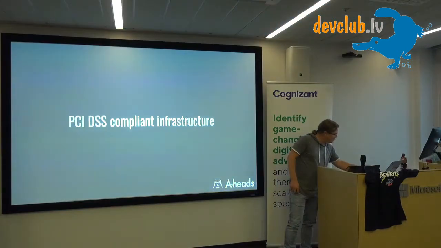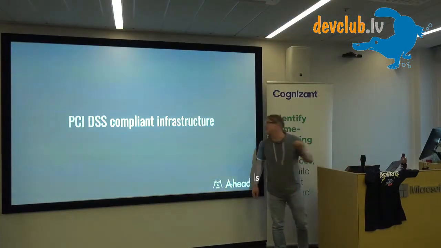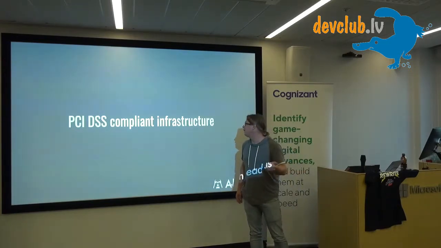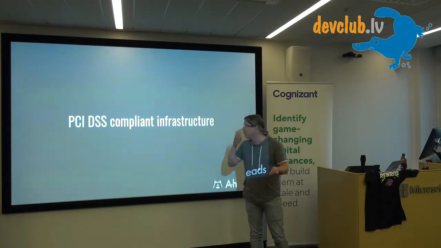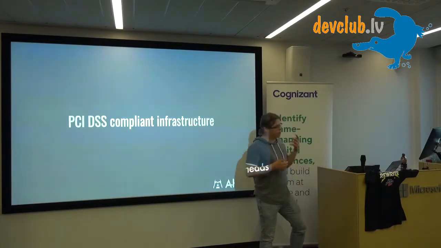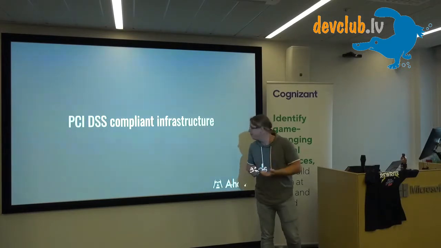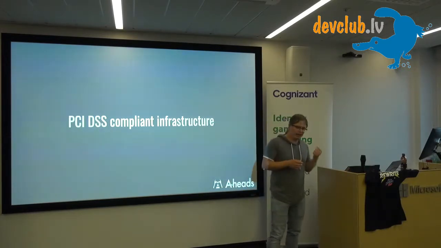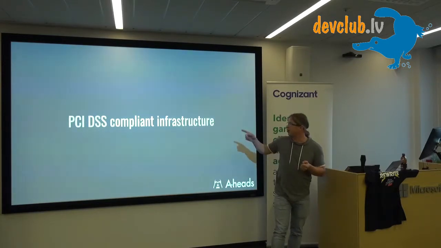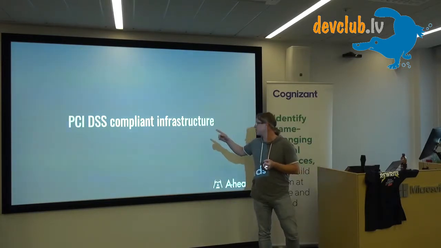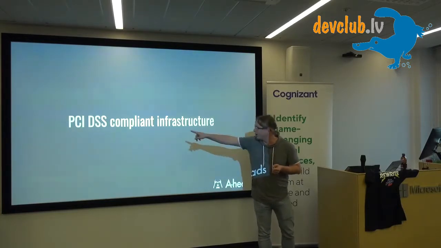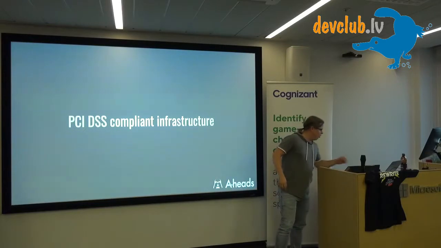Okay, so one of the projects that I currently work on is a payment system, because we are processing payment cards, right? So we need to build an infrastructure compliant with the Payment Card Industry Data Security Standard, PCI DSS, right?